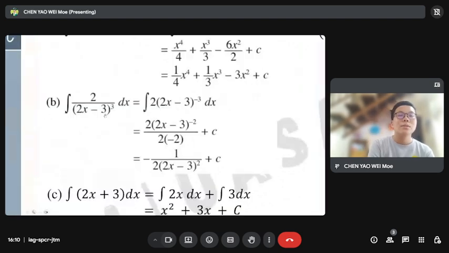Originally, don't move it. And then this one I will do as usual. 2 becomes -2, and below here I do the differentiation.